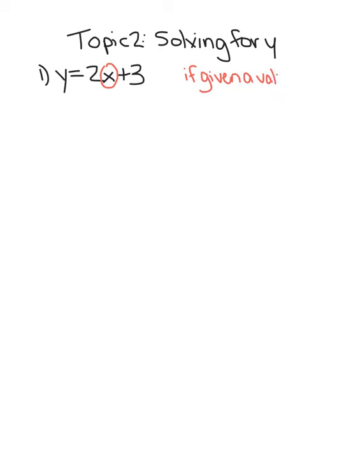What we're looking for is that ordered pair. If you remember from topic 1 notes, we talked about the ordered pair. The ordered pair is where we have the x and the y values for a point on the graph, right? So when we do this, we always plug in for x because of the x coordinate, right?